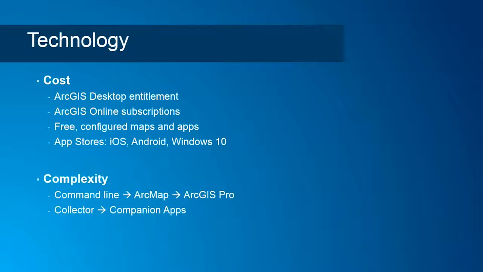It looks and feels more like some of the mainstream apps, and people are liking the ease of use of ArcGIS Pro. But by far the simplest application out there is Collector for ArcGIS. And again, Travis will talk about that. And its companion apps that bolt on to Collector, such as Navigator and Workforce.